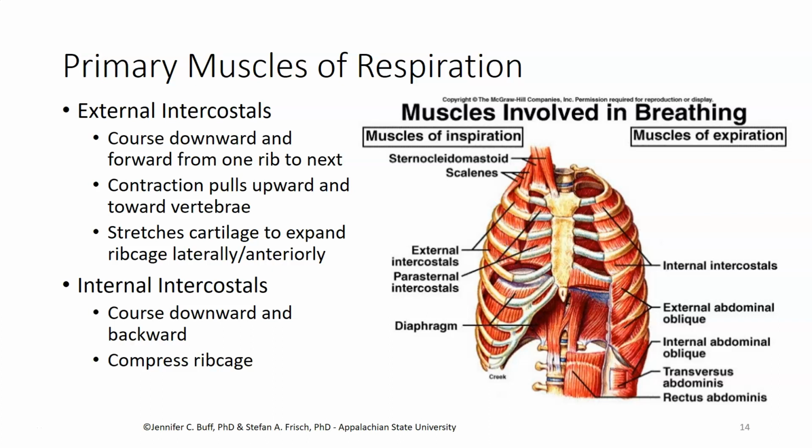The internal intercostals run perpendicular to the external intercostals. They course downward and backward. As a result, when they contract, they help pull the rib cage back toward the sternum and shorten the costal cartilage, decrease the size of the rib cage space.